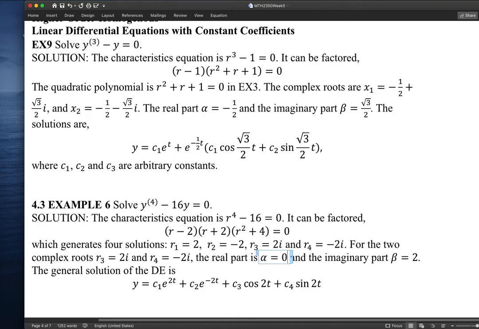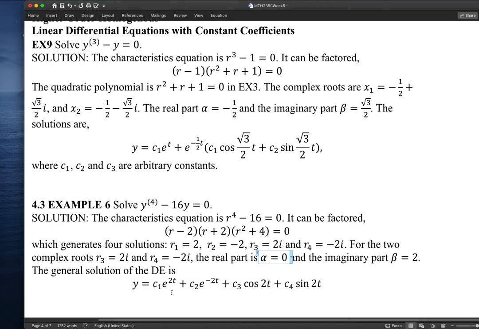So accordingly, I expect the solution of this fourth order differential equation is a linear combination of 4 functions, and besides, they are linearly independent.